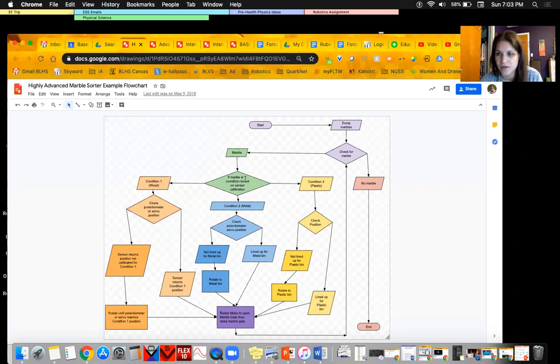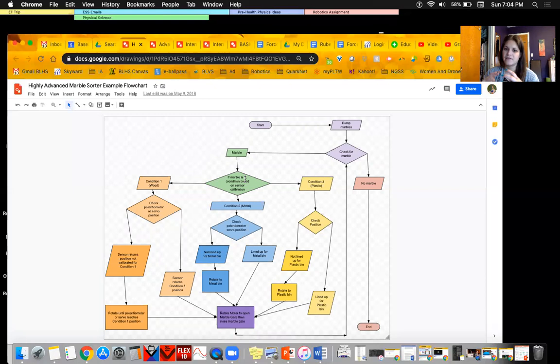In this case, what I was planning to use would be the light sensor that comes with our VEX equipment. And depending on the light that's reflected by an object, it will read different values from, say, 1,000 to 30,000.